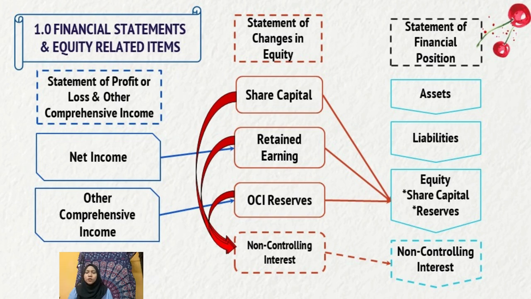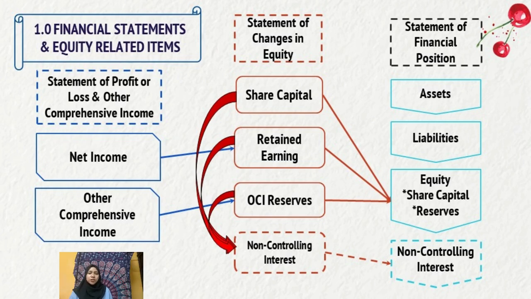When the company consolidates its financial statements, the company should take out the non-controlling interest portion from share capital, retained earnings, and other comprehensive income reserve, then total up in the non-controlling interest component.